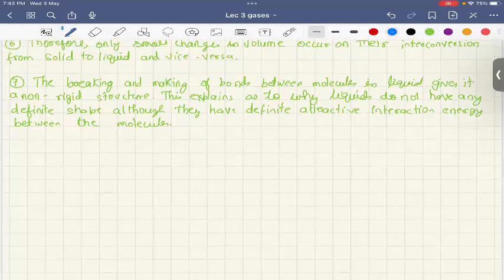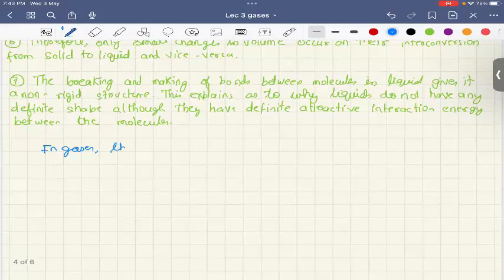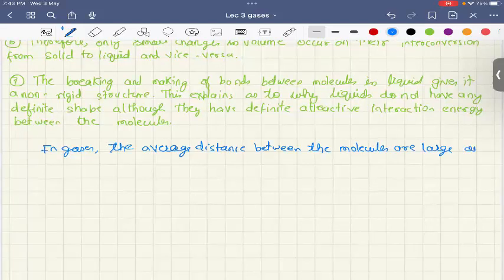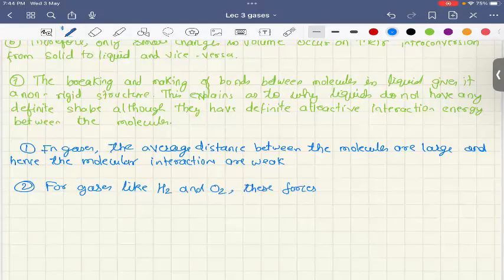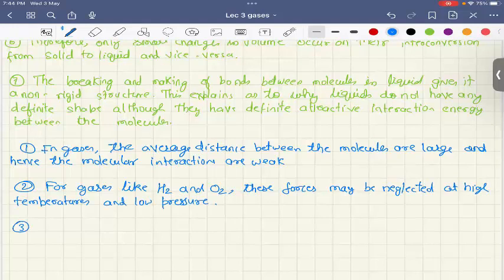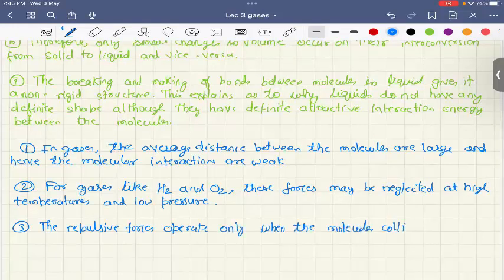So what we write is: in gases, the average distance between the molecules is large, and hence the molecular interactions are weak. For gases like hydrogen and oxygen, these forces may be neglected at high temperature and low pressure. The repulsive forces operate only when the molecules collide directly.